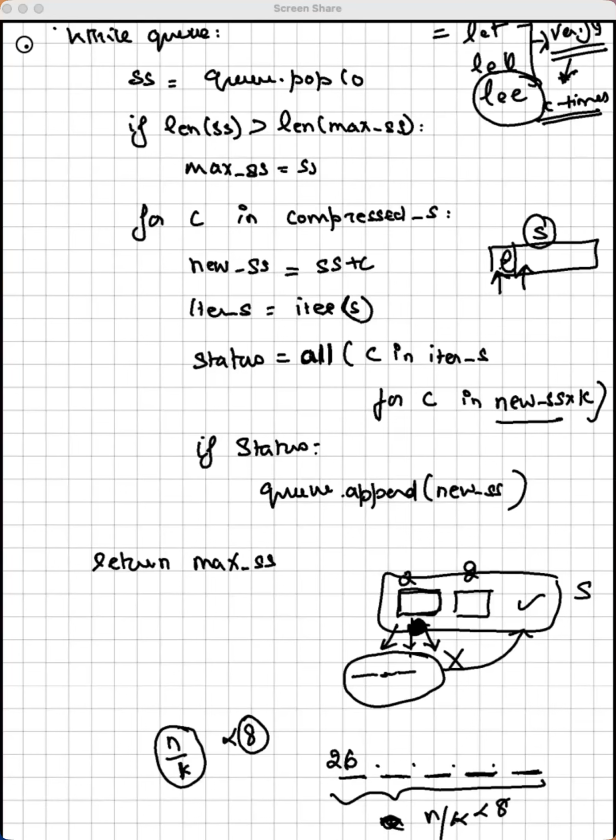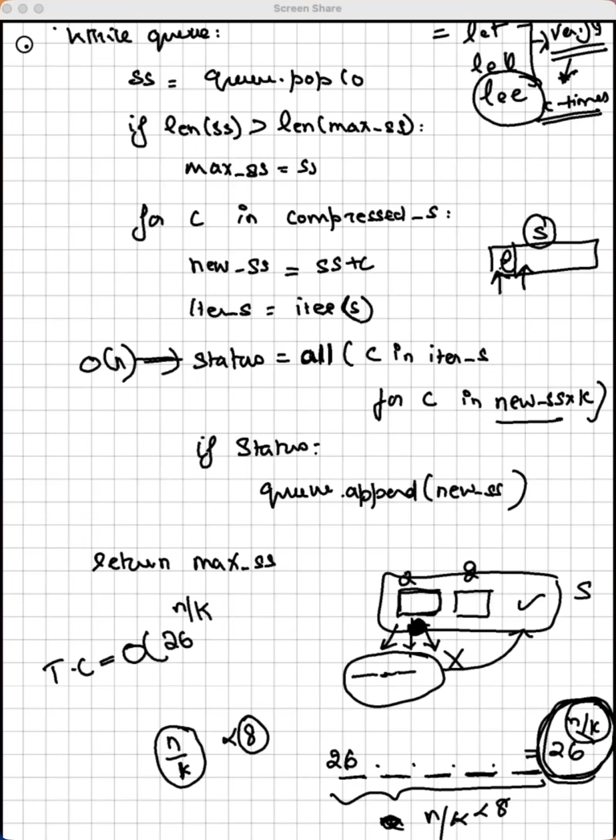If I multiply all of these possibilities, this is 26 power n by k. This is all of the subsequences that I can generate. And for each subsequence that I generate, I am doing this validation, which is order of n. So the total time complexity is 26 power n by k times n.